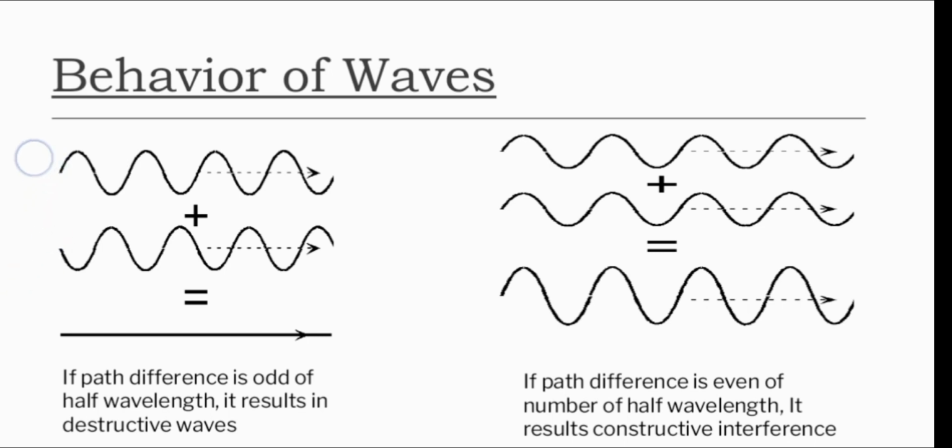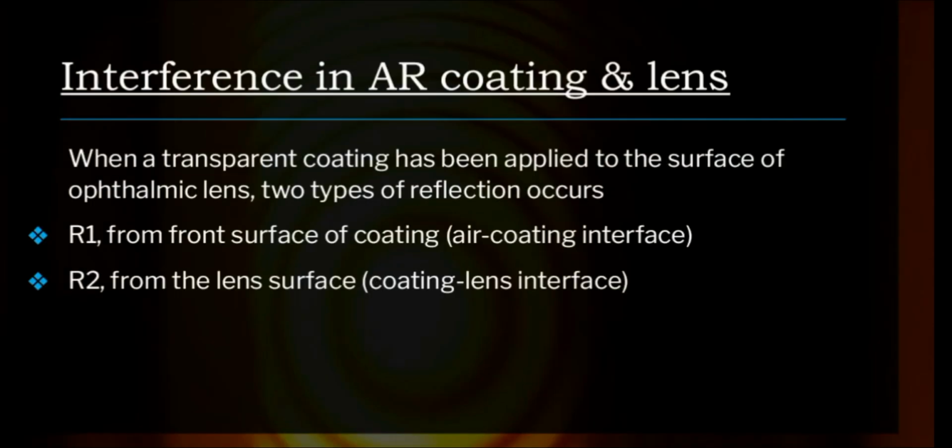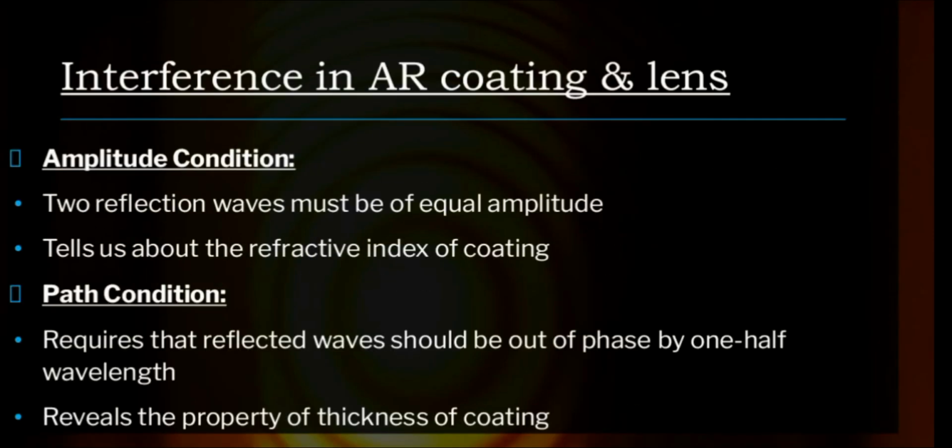It means you can see over here that this is starting from over here. If I show you, this wavelength is starting from here, for example. So this is a half wavelength short, right? So this is what they are saying, that they should be out of phase by 1/2 wavelength, and this will reveal the thickness of the coating, how thick the coating you have applied onto the surface is, right?